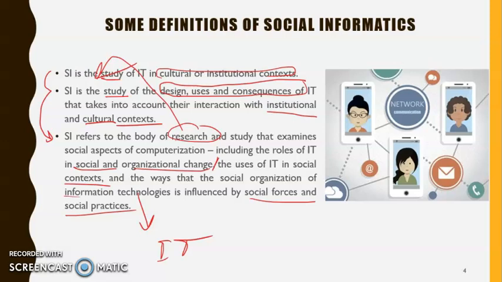Here it puts an interesting articulation, that it says how the social organization of information technology, so the way an information technology is being used in an organization, is influenced by social forces and social practices. So it talks about the forces that are effective in this dynamicity between information technology and culture, information technology and social aspects of the organization.